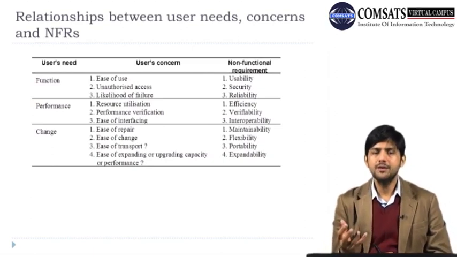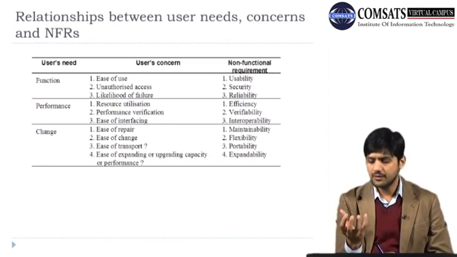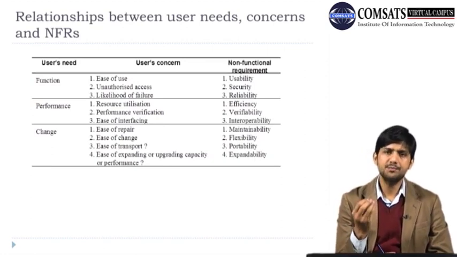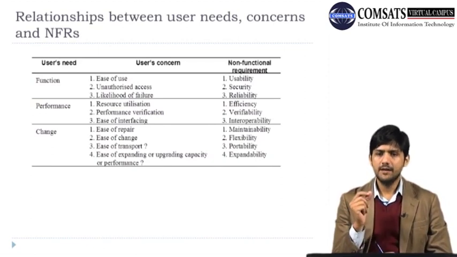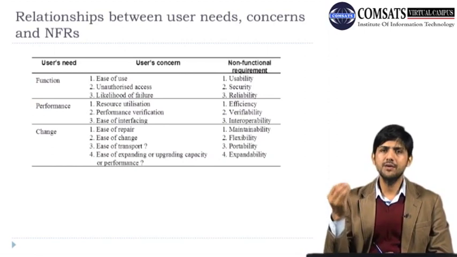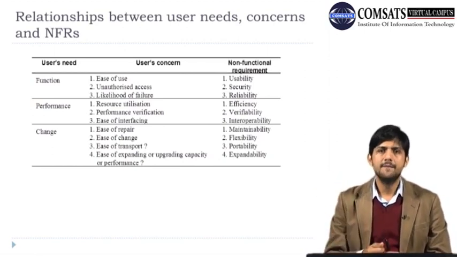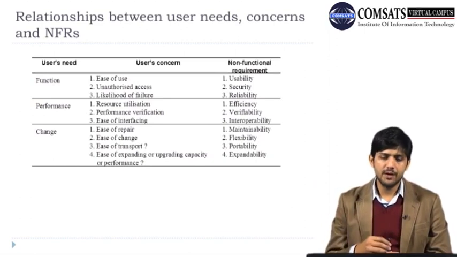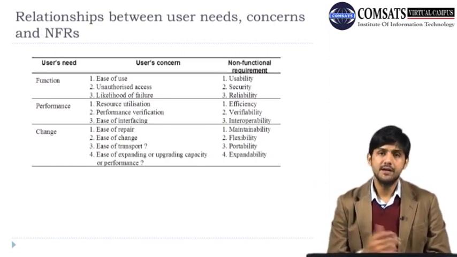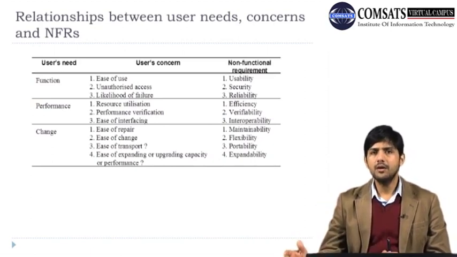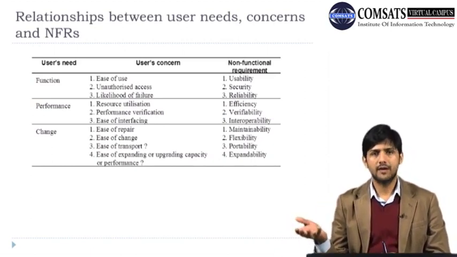It is very important, since we know that these are the main needs that different users would have, to identify those needs, talk to different end users and different stakeholders, and try to identify what their concerns with the system are. And we need to ask them specifically. For example, with the likelihood of failure, if they are using the system, what according to them is an acceptable likelihood of failure?